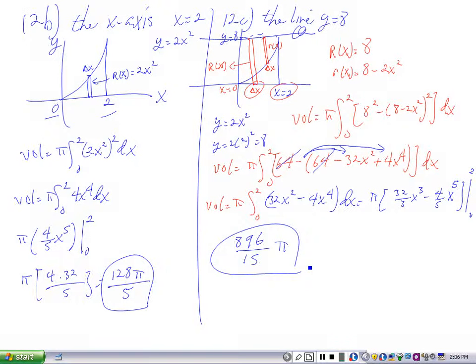Part D. Here, rotate this about the line x equal to 2.